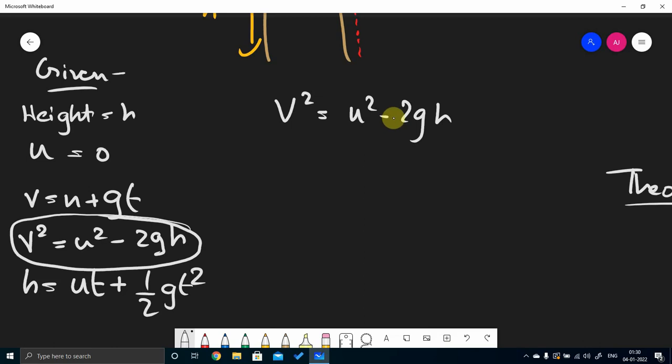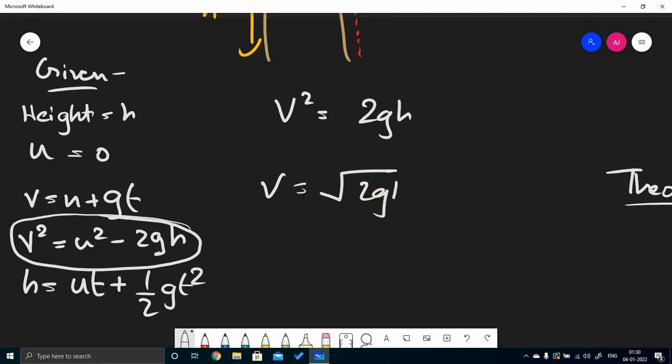Now this minus is not magnitude, it represents direction, so you can ignore it when you are taking the square root. So we get v square is equal to 2gh, because u is equal to 0, so v is equal to under root 2gh. Cool.